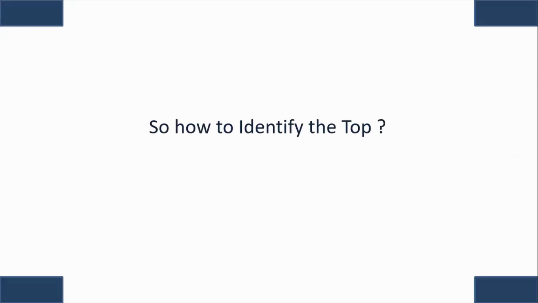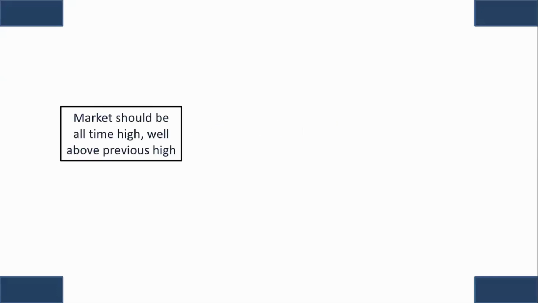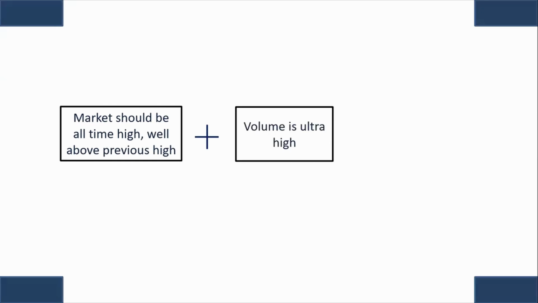So now we have understood the theory part of it. Now let's come to how to actually identify the top, the distribution, when professional money is selling. Three things are important. First, the market should be at an all-time high, well above the previous high. Second, volume should be ultra high, not just above average. It should be ultra high.